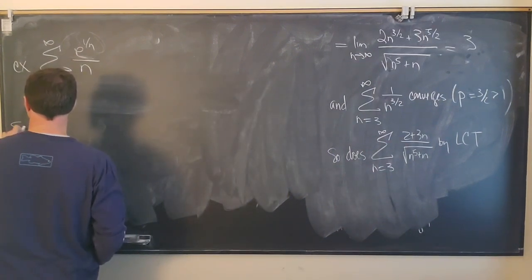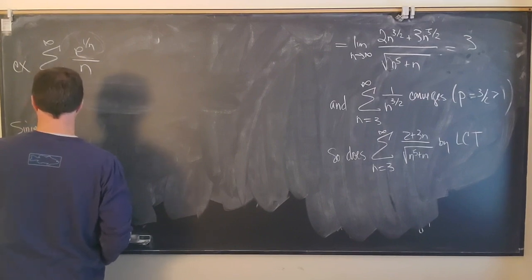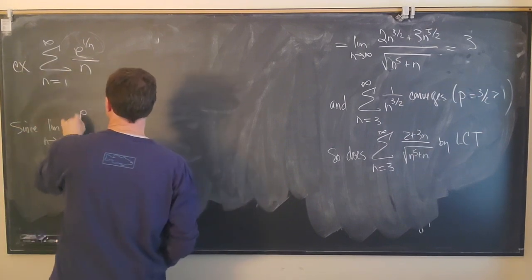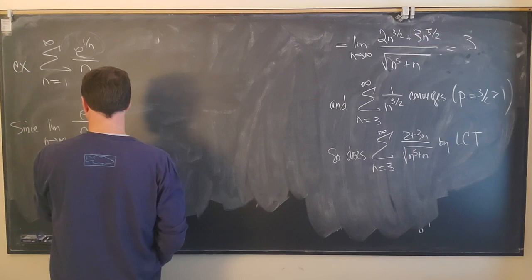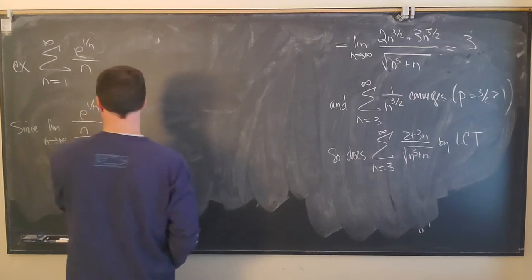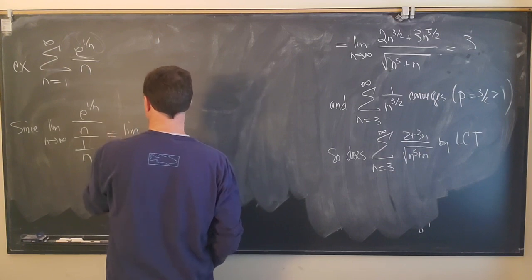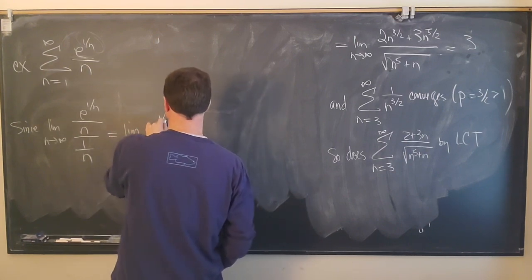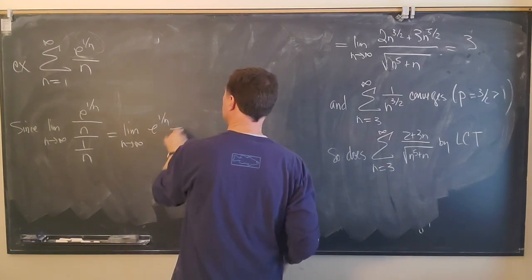It will go like this. Since the limit as n goes to infinity of e to the 1 over n divided by n, over 1 over n, is equal to the limit as n goes to infinity of e to the 1 over n, and now as n goes to infinity, the exponent is approaching 0, that's equal to 1.